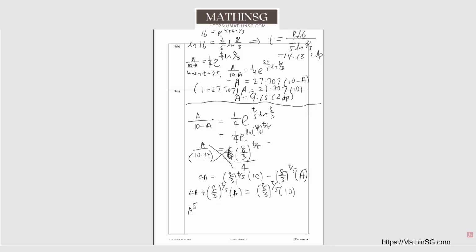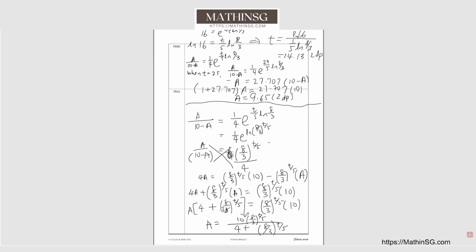Now I'll factorize out A. Okay, so A is equal to 10 times (8/3) to the power of t over 5, over 4 plus (8/3) to the power of t over 5. This is not 5, sorry. All right, so this is what I have for A.